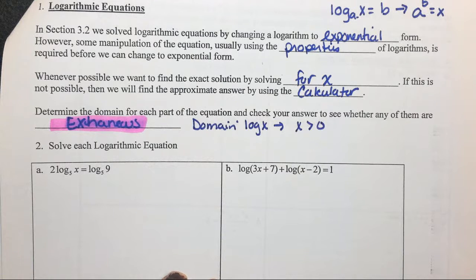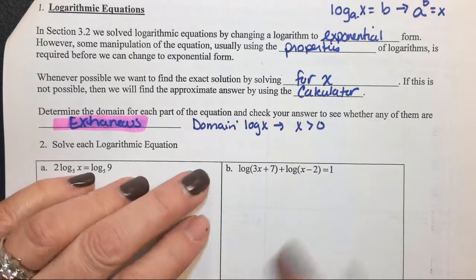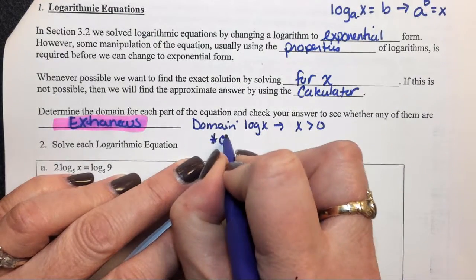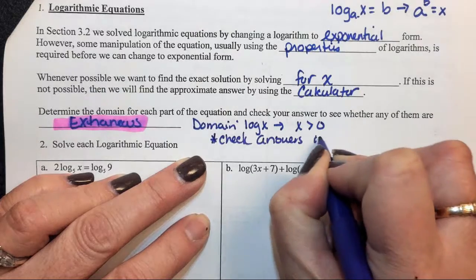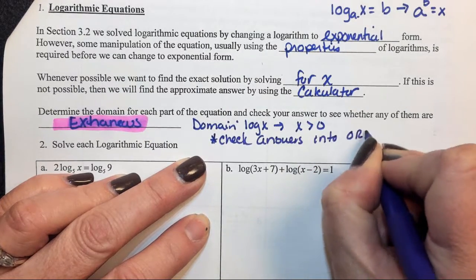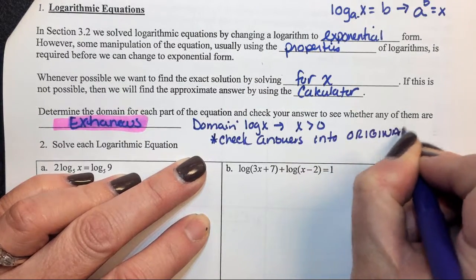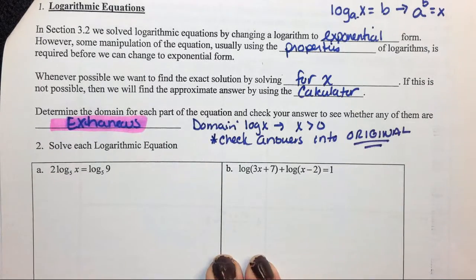So what you have to do is check your solutions back into the original equation. And I'm capitalizing original. You always go back to the original, not the one you smushed.